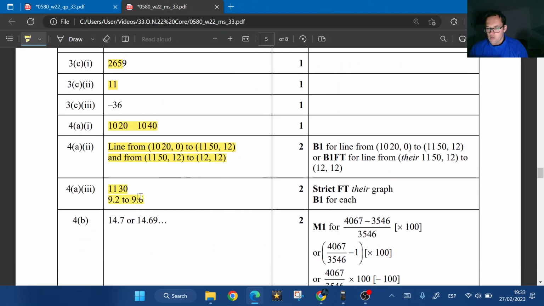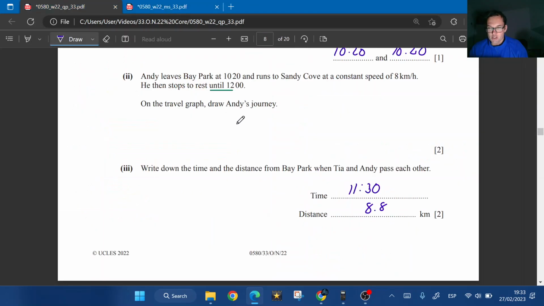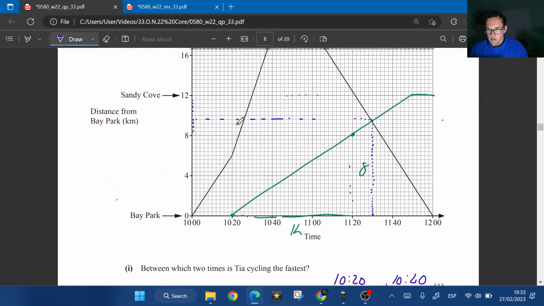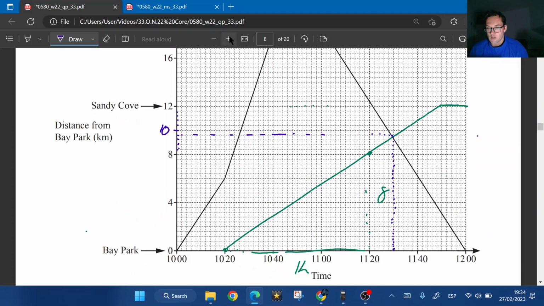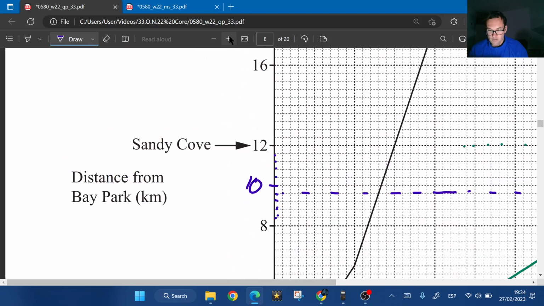Oh, no, this is bad. Of course, it's 0.4, because this here will be 10 o'clock. So you see how careful you need to be with the scale.